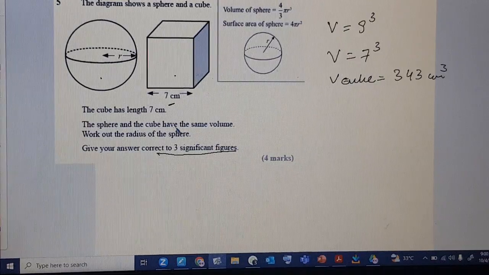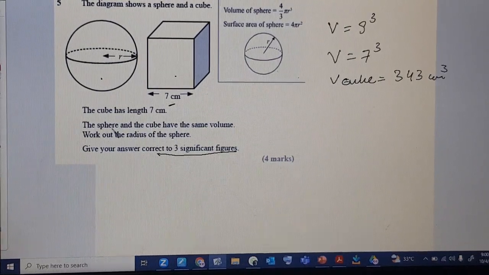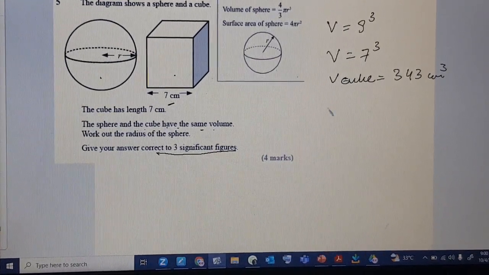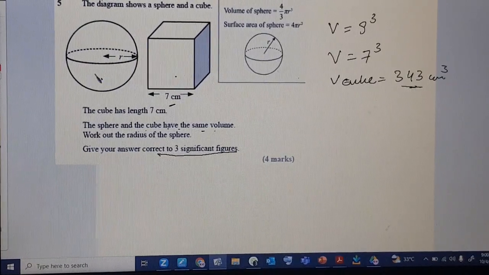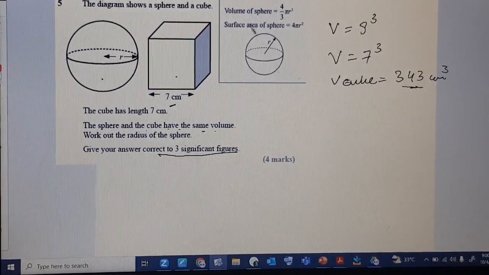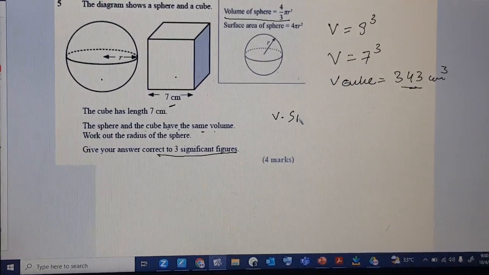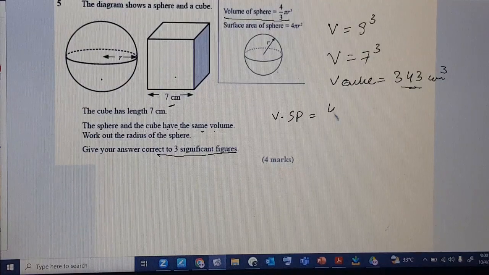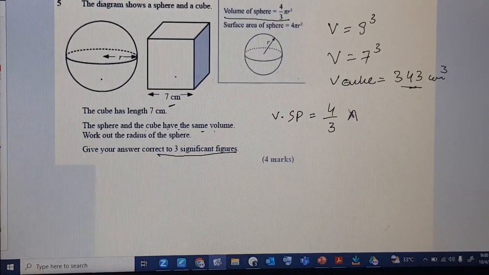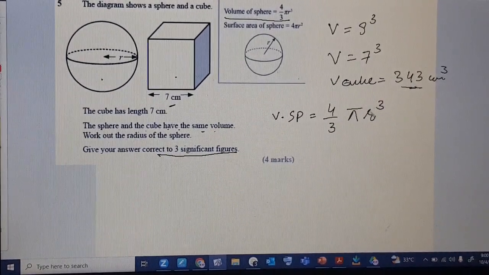Now remember they said that the sphere and the cube have the same volume. So this means this volume is the same for the sphere. So I will say, okay, the volume of the sphere formula is 4/3 pi r cubed.